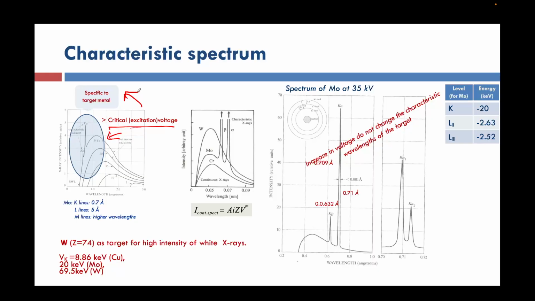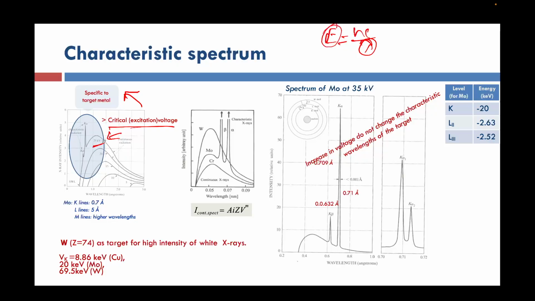You cannot apply one critical voltage, let's say 25 kilovolt, to knock out electrons of different materials. The amount of energy coming out as X-ray, that means the difference of energy between the L shell electron and K shell electron, is fixed. Since E is equal to hc by lambda, this energy is fixed, so the wavelength will also be fixed.